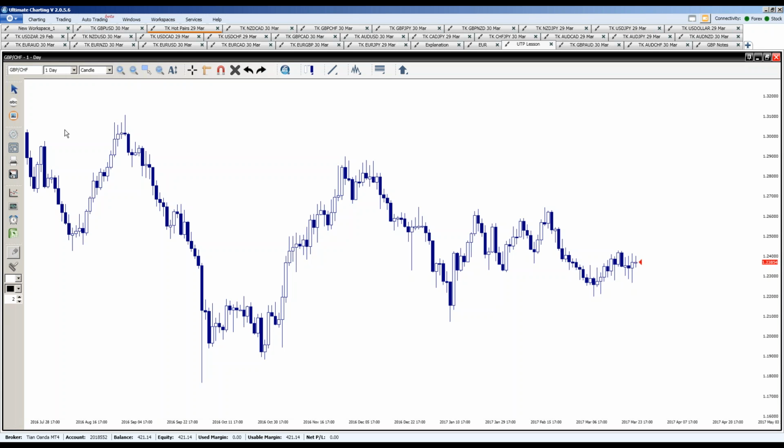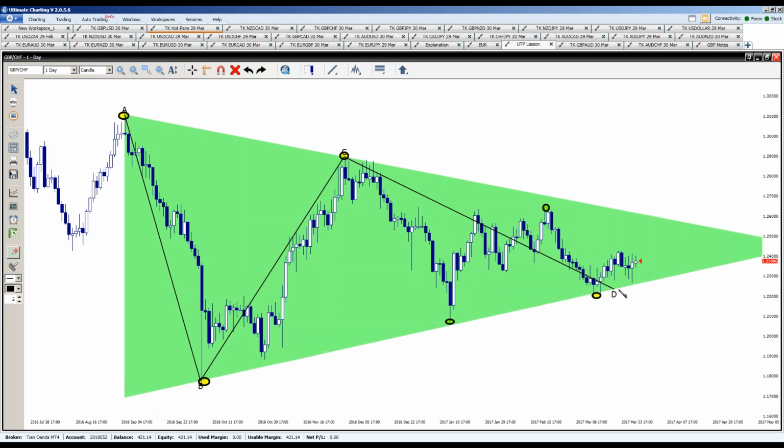Can you see that the market makes lower highs and higher lows? Look at this. We can use the pennant tool, the triangle pattern tool, to identify that pennant. And there it is.